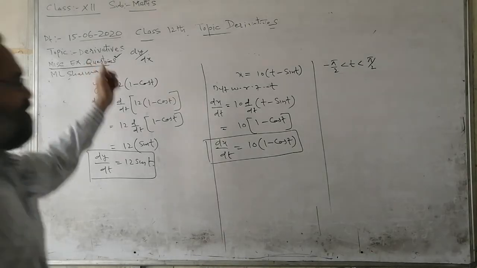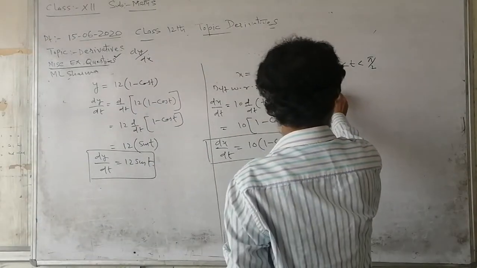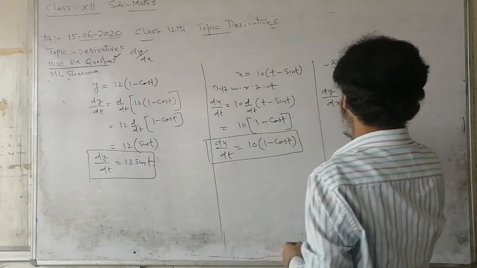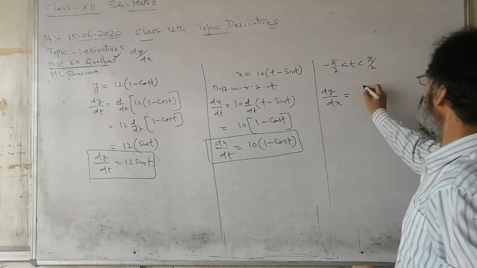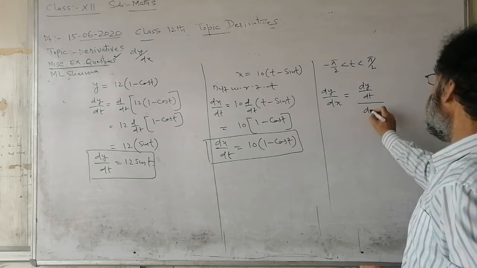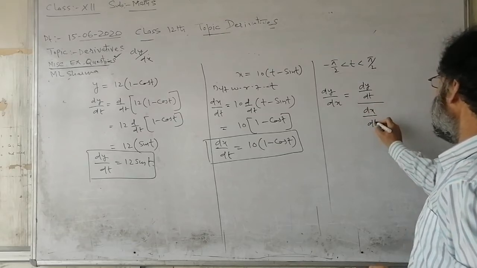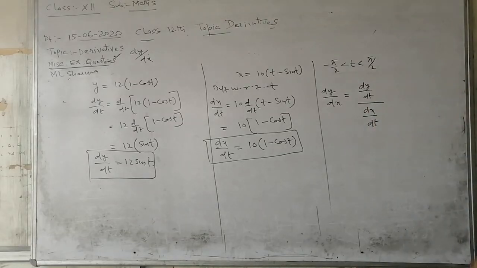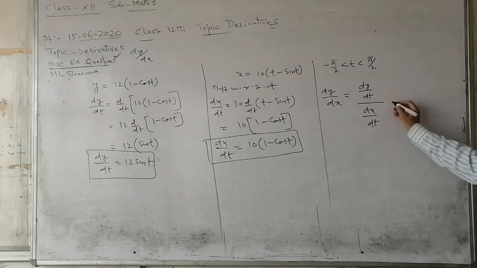Now dy upon dx can be written as dy upon dt divided by dx upon dt. In the parametric derivative exercise, the same formula was used.